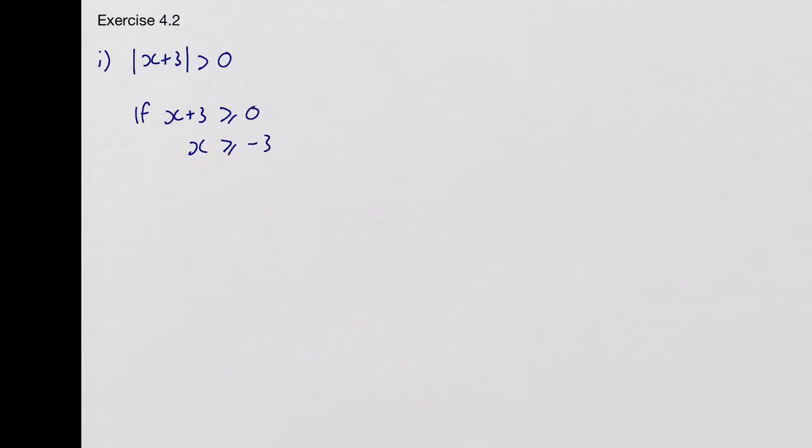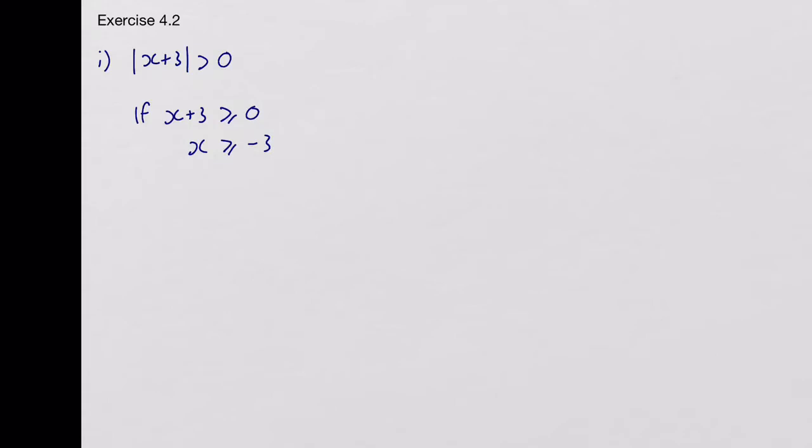All right, exercise 4.2, letter I, we're going to start with. They tell us the absolute value of x plus 3 is greater than 0. Remember, we have two different conditions. Firstly, if x plus 3 is greater than or equal to 0, then x must be greater than or equal to negative 3.